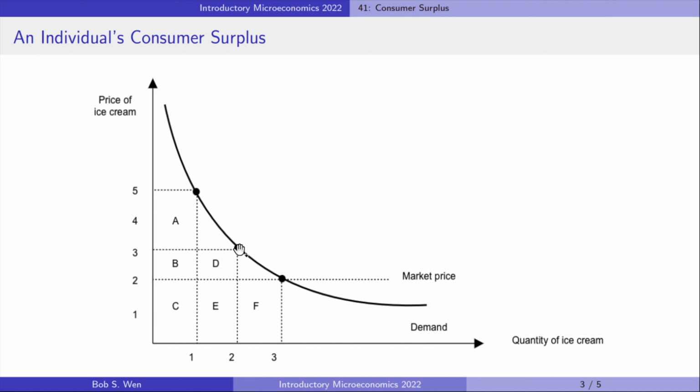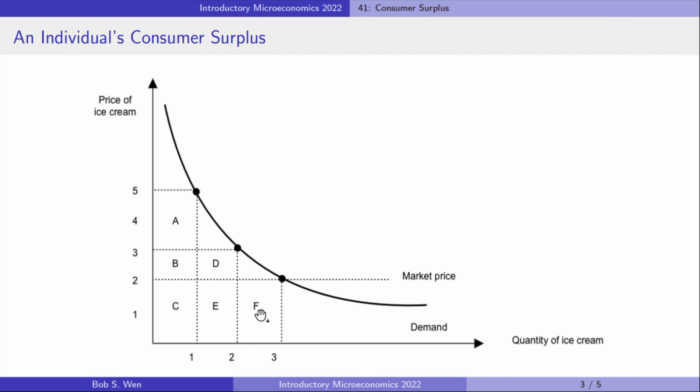She is willing to pay $3 for the second ice cream cone. Her willingness to pay for the second ice cream cone is the area of D plus E equals $3. She is willing to pay $2 for the third ice cream cone. Her willingness to pay for the third ice cream cone is the area of F equals $2.